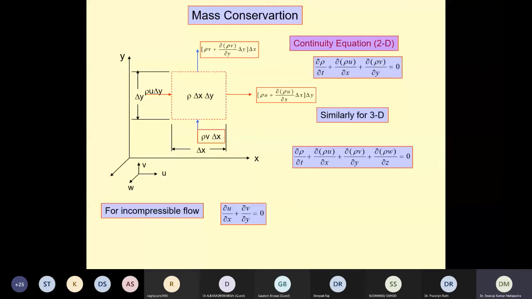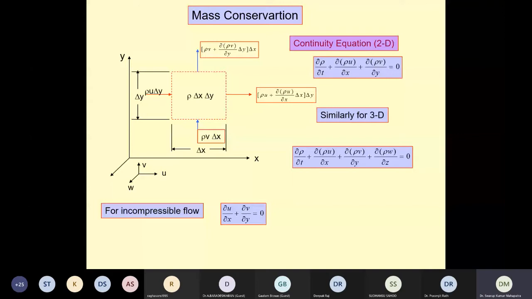Okay, so in summary form, this is the equation. We need its solution, that is your velocity field, pressure field, and temperature field, to be found out after solving.